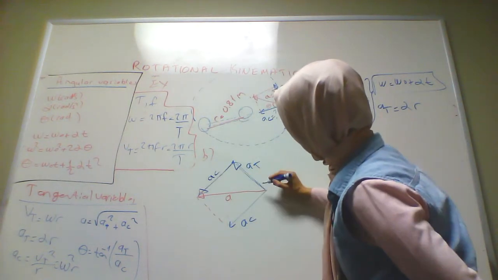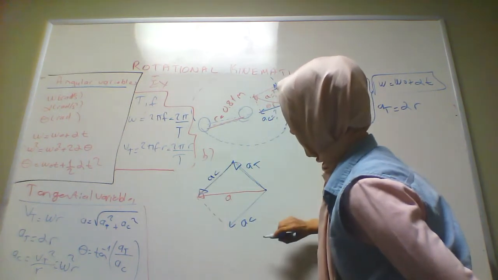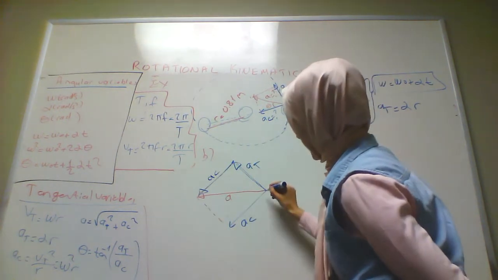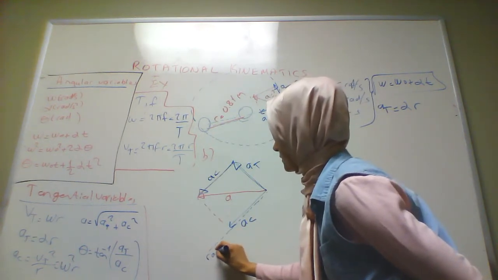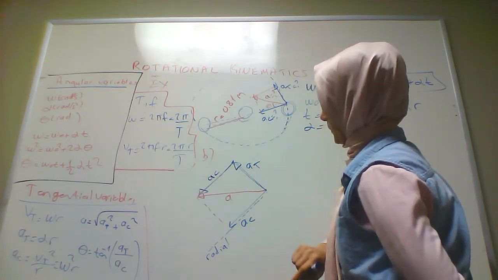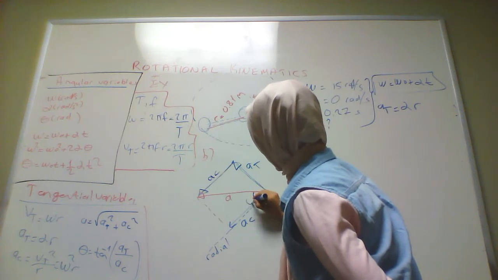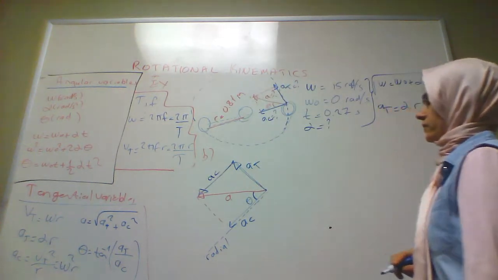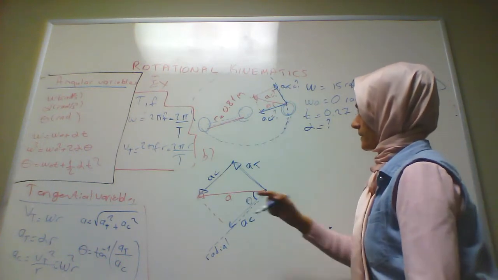And the vector connecting the tail of AT to head of AC is our total A. And AC is always along the radial direction. Direction along radius. It's the centripetal acceleration. So when they ask us the angle total acceleration makes with the radial direction, or the radius of the motion, it is this angle.